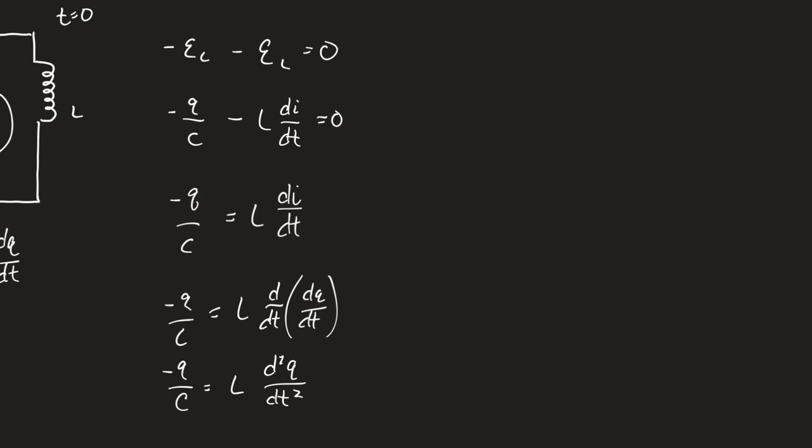Let's go ahead and solve this for the differential. And when we do, we get d squared q over dt squared, the second derivative of q with respect to t, equals minus q over LC.